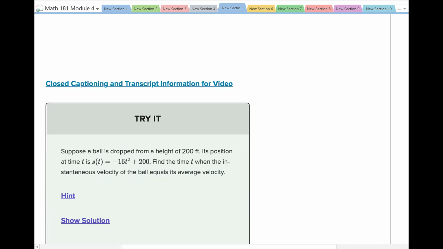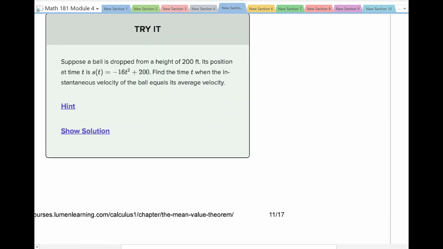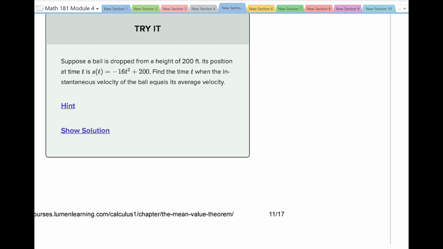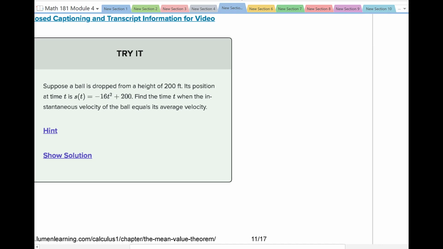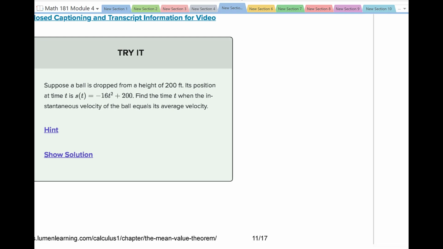from this section. Suppose a ball is dropped from a height of 200 feet now. So it's a similar problem here. Find the time t when the instantaneous velocity of the ball equals the average velocity. So we're going to go through the same thing. So we have to do negative 16t squared plus 200 equals 0. So negative 16t squared is equal to negative 200.